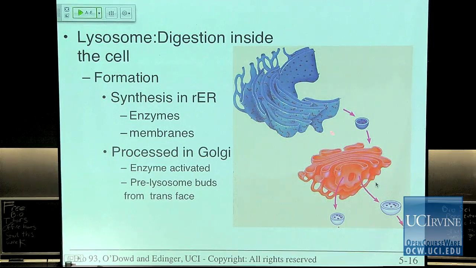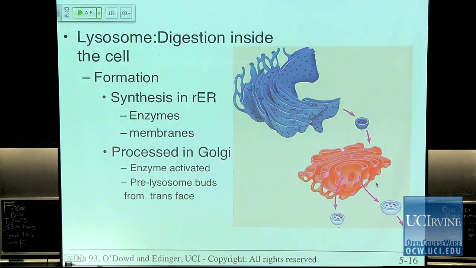So here, this vesicle contains lysosomal proteins from the rough ER that are going to fuse with the Golgi, and it's going to transit the Golgi and the enzymes will get modified and activated, and what exits is called a pre-lysosome.